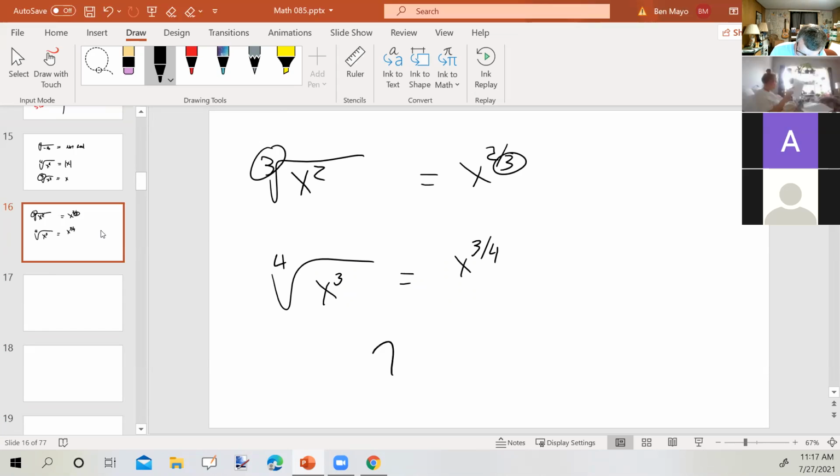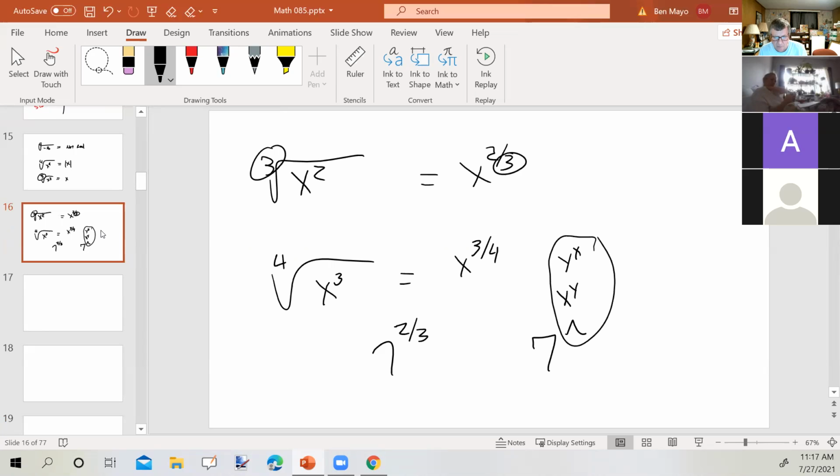Let's say you're trying to evaluate 7 to the 2/3 power. So on your calculator, you would put in a 7, and then if you have the little caret key, you would use that. If you have the x to the y key or the y to the x key, all three of these accomplish the same thing.